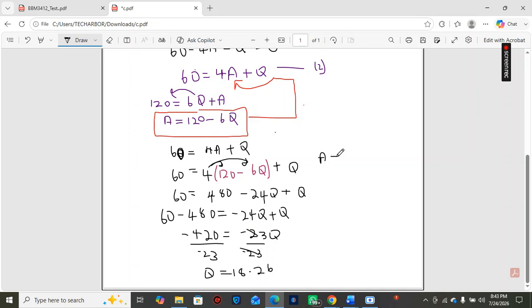So you say A equals 120 minus 6 times 18.26. 6 times 18.26 gives you 109.56. 120 minus 109.56, A equals 10.44.